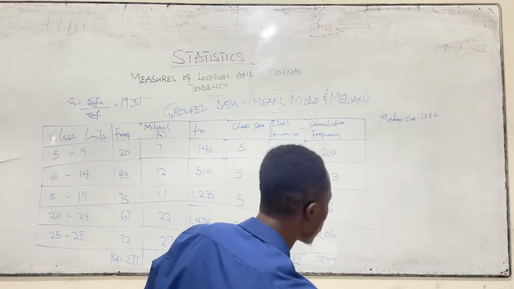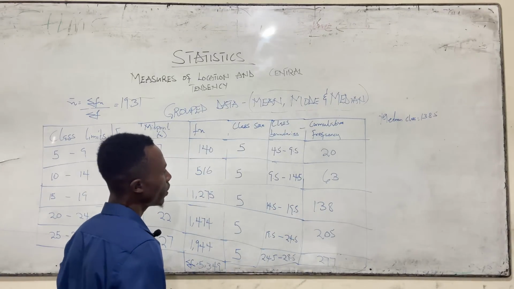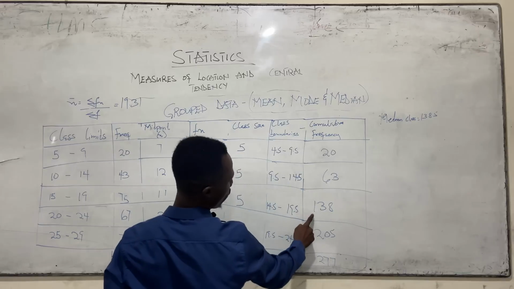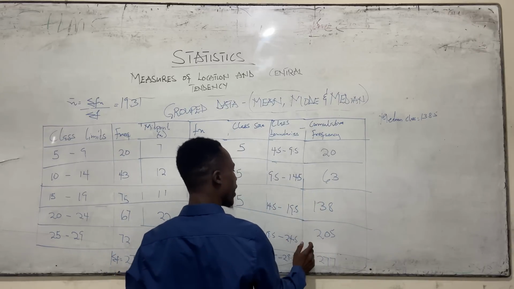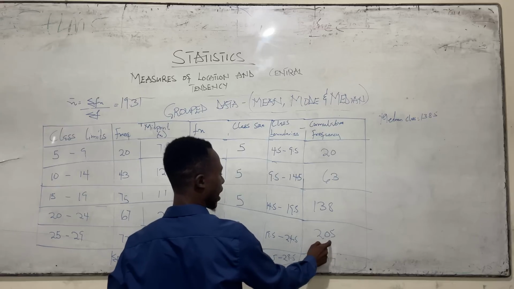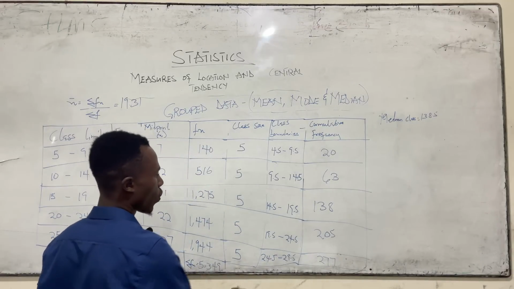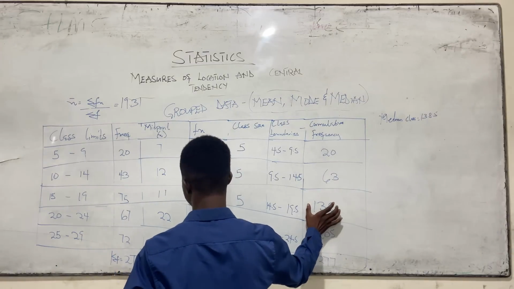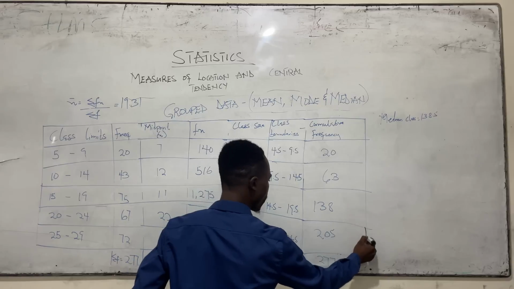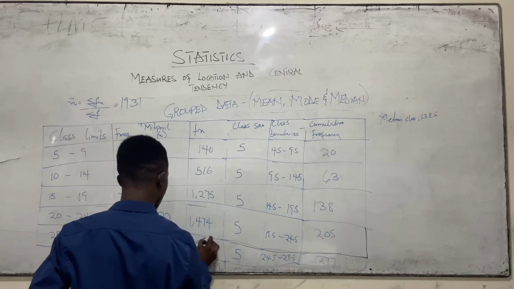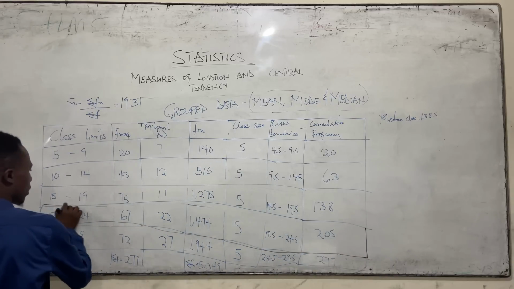Now let's look through the cumulative frequency. We have 138, but we have 0.5, so it means 138.5 is located within this class. Do you get it? So 138.5 is not located here, but rather here. So it means we can classify this class as our median class.